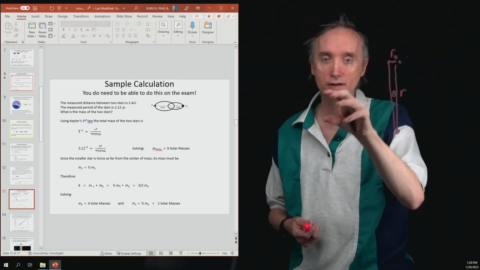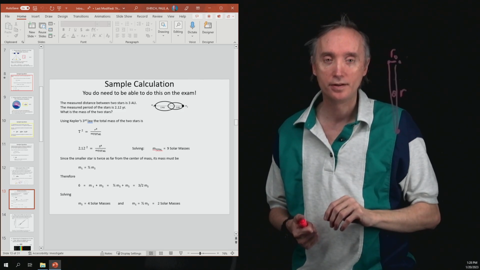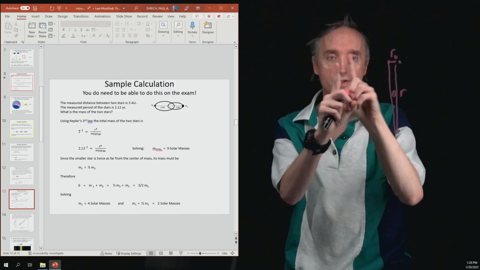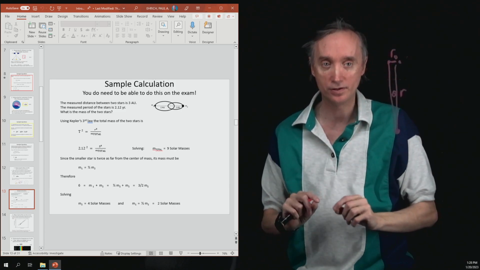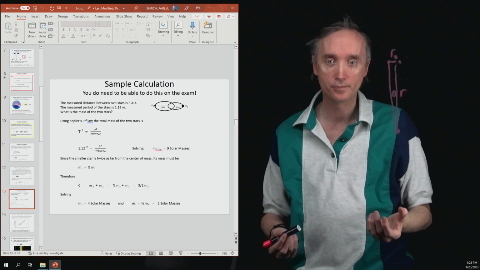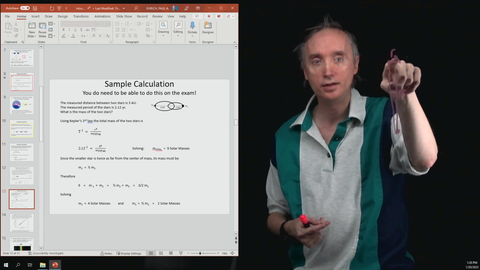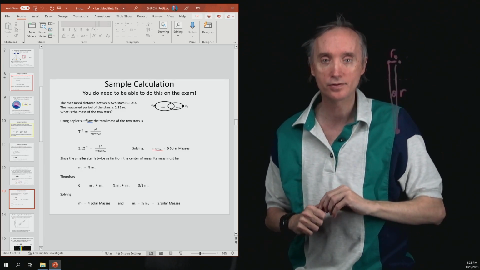And so that's what's given in this problem, that we have measured the amount of time it has taken for these two things to go around each other. That would be the period. And by using trigonometry, we've measured the distance for that center of mass.